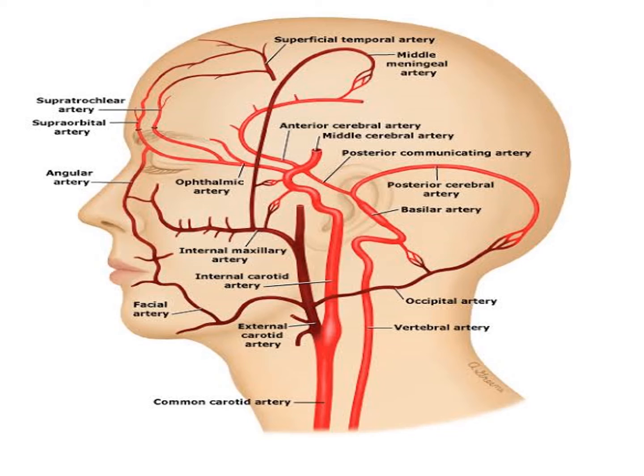The scalp is supplied by both the internal and external carotid artery, which are branches of the common carotid artery. You can see here, this is the common carotid artery, which divides into the external carotid artery and the internal carotid artery. So the scalp is richly supplied by blood vessels which are branches of both the external carotid artery and the internal carotid artery.